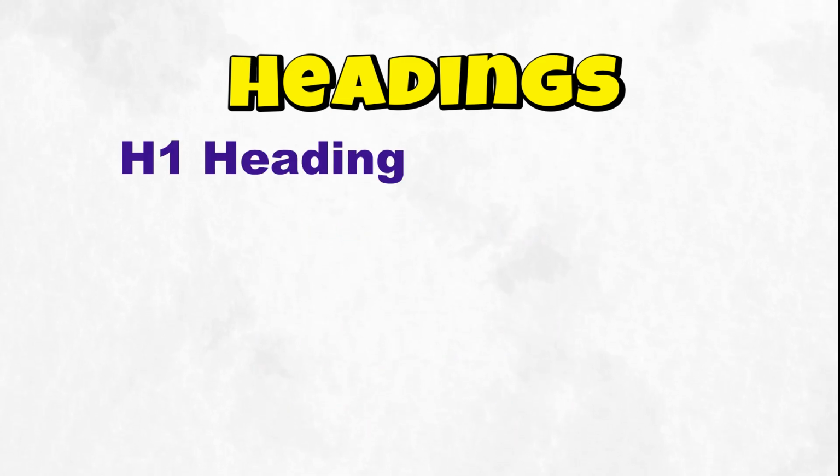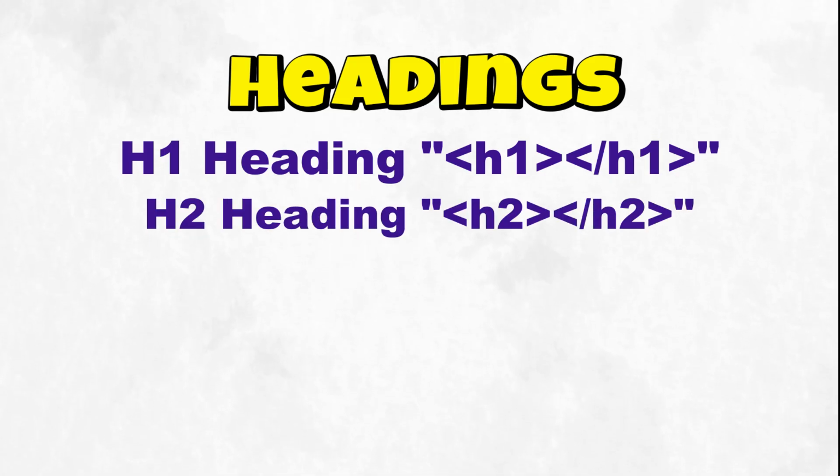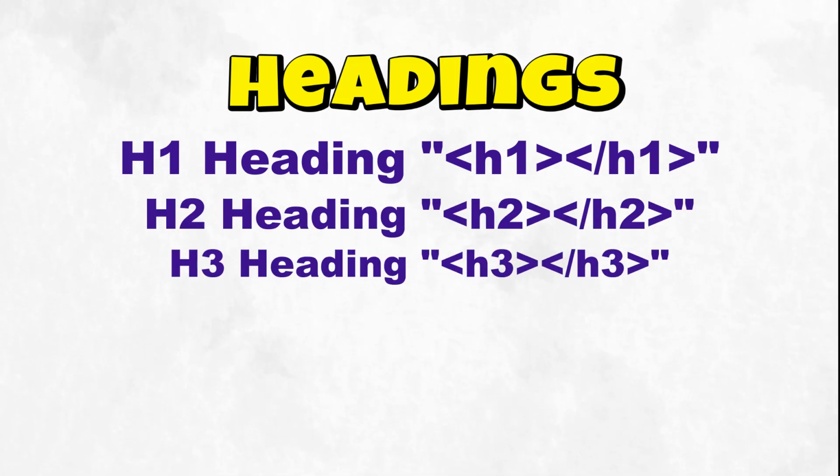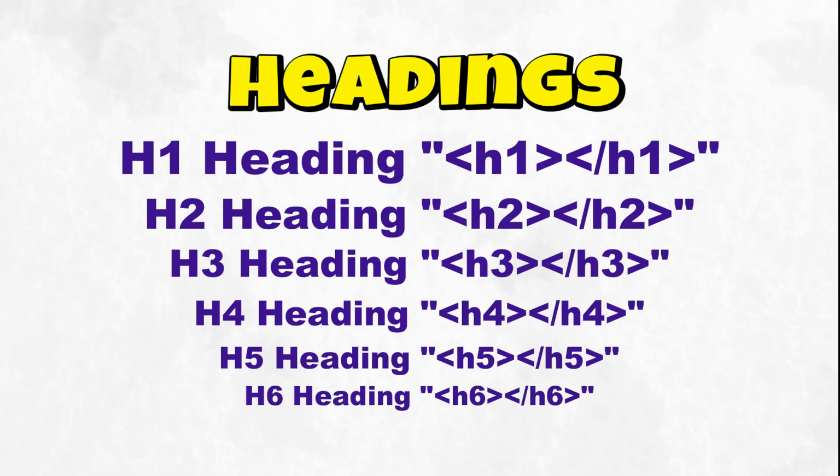So in HTML, we have 6 types of headings. H1 is the biggest, H2 is smaller than H1, H3 is smaller than H2, and so on until H6, which is the smallest. Here's an example to see them in action.